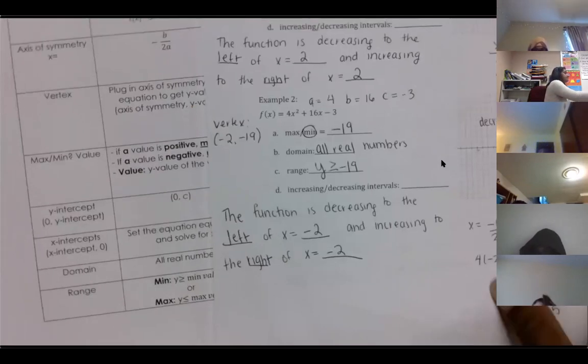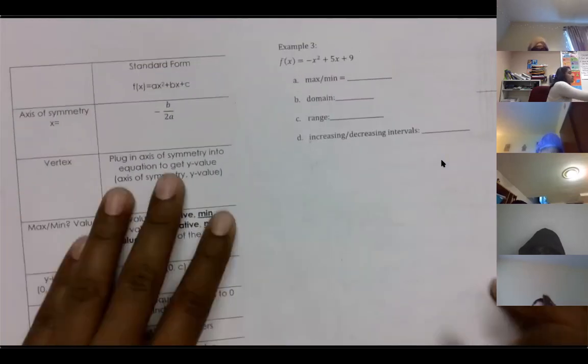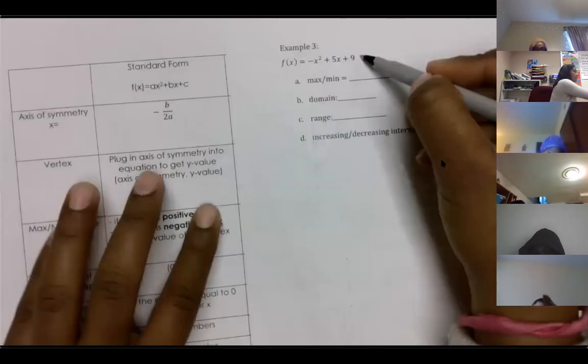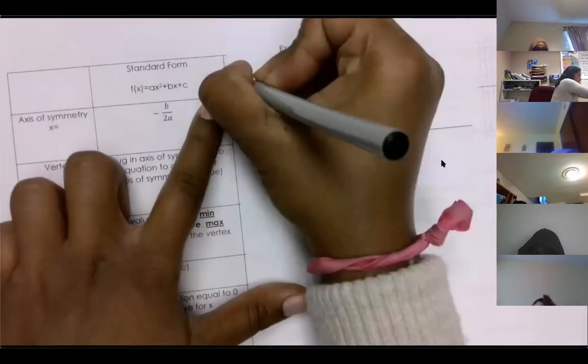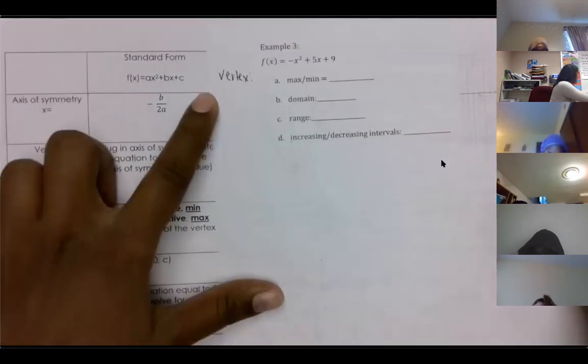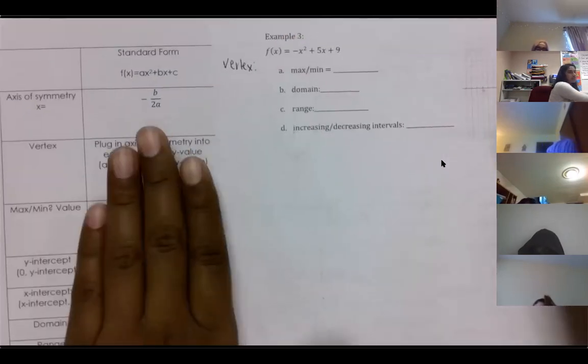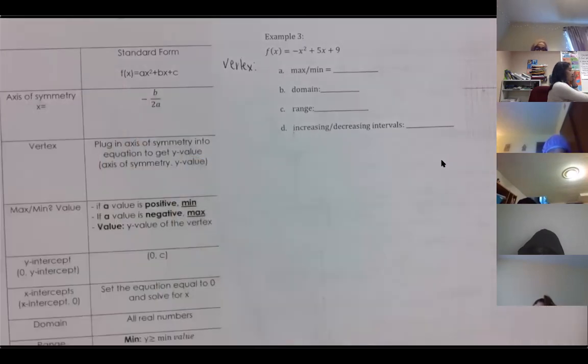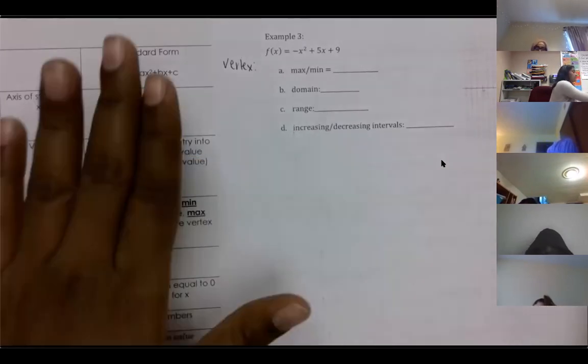All right. Last one, negative x squared plus 5x plus 9. That is also in standard form. And we have to find the vertex. So like you also all said before, to find the vertex in standard form, you are going to need to find the axis of symmetry, so negative b over 2a.